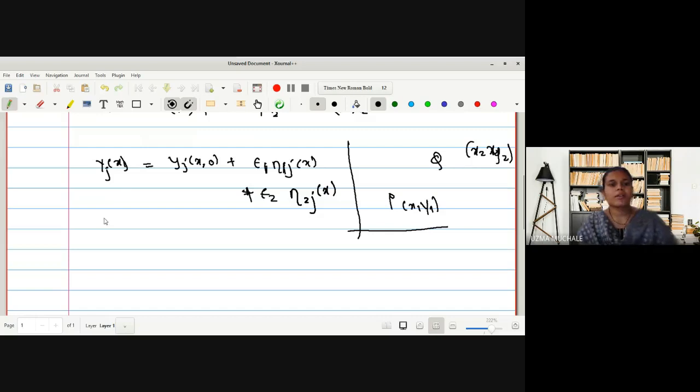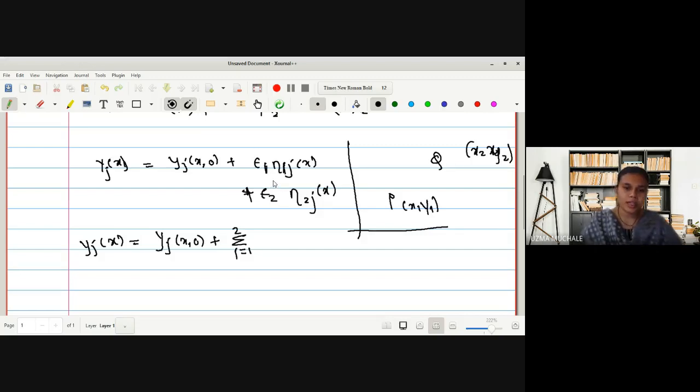But we actually have yj of x. Instead of having a single dependent variable, we have y1, y2 up to so on yn. So that's why we can write it as yj of x0 plus, this one we can write as a summation over i runs from 1 to 2, because epsilon 1 and epsilon 2. Why epsilon 1 and epsilon 2?